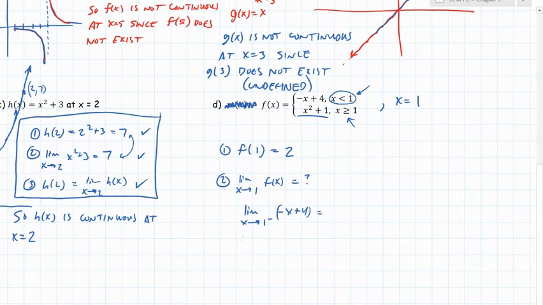And then we want to see if that's the same as the limit as x approaches 1 from the right. And as we approach 1 from the right, now we're looking at x values greater than 1, so we use x squared plus 1. And so this left-handed limit is equal to 3, and the right-handed limit is equal to 2. These are not the same, so this limit does not exist.